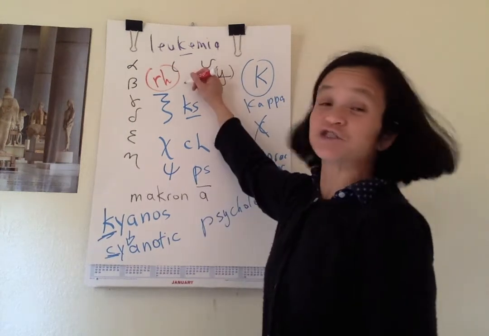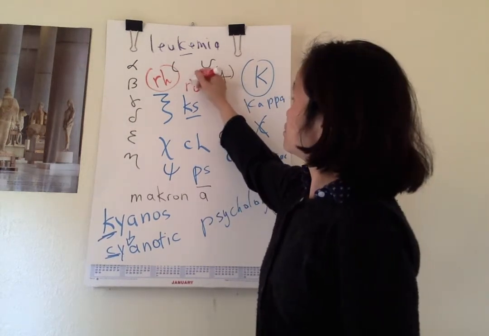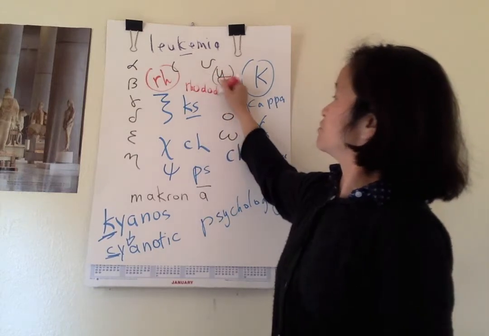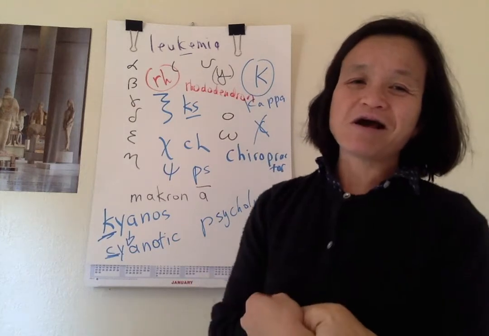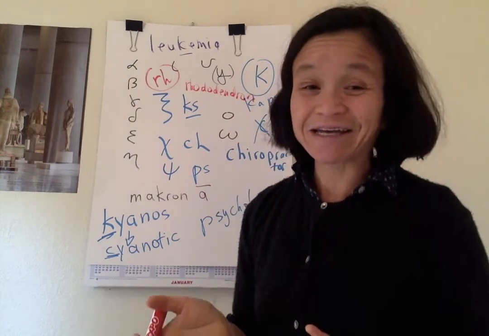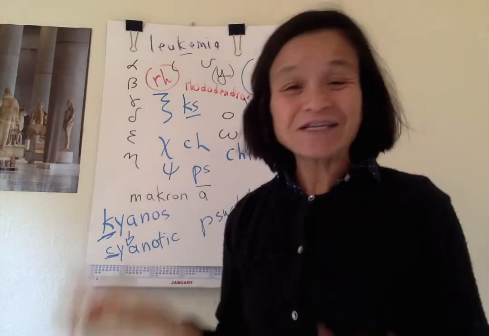You can see that in an English word like rhododendron. But once again, sometimes the H is not included.